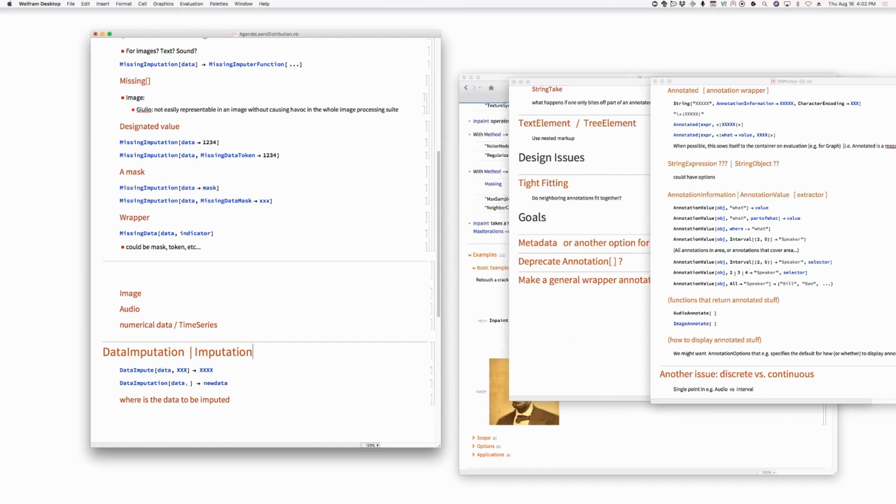They're cat pictures with some position for the nose of the cat, and each of them has some missing values. And then what comes back from impute? If you have a collection of examples and you say data impute, do all the examples come back with the cracks filled in? Yeah.